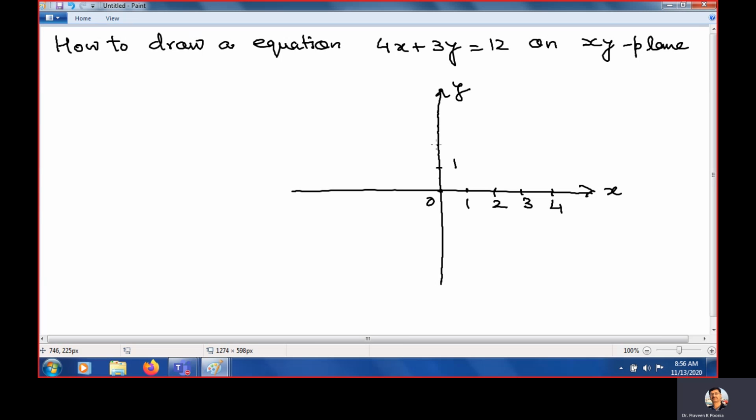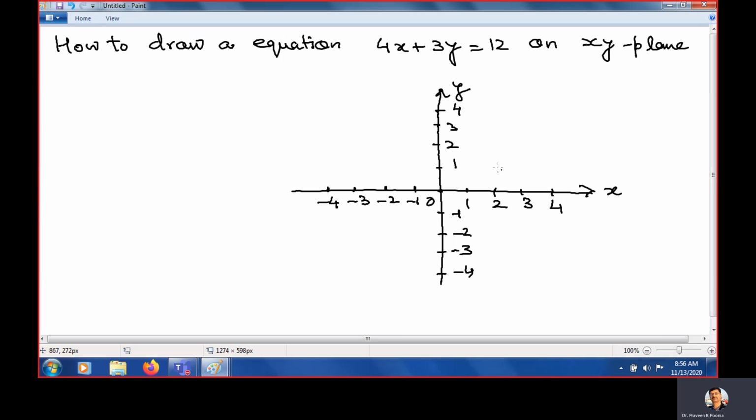This is 1, 2, 3, 4. These are the positive directions of the x-axis and y-axis. This is -1, -2, -3, -4. And similarly, this is -1, -2, -3, -4. So this is the xy plane.